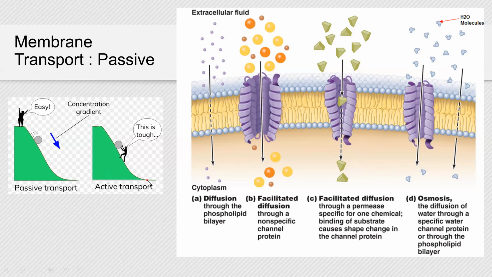Now, when substances move from low concentration to high concentration, we say they move against their concentration gradient, and then it will require the energy of ATP. Right, so on this diagram, you see examples of passive transport. One example is simple diffusion.